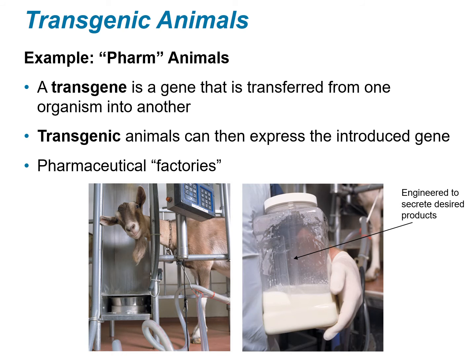Some farm animals can be engineered to secrete a product within their milk. So all you have to do is collect the milk. It doesn't hurt the animals. You collect the milk and you have the protein product within the milk. You simply isolate it, and you can produce high amounts of it.